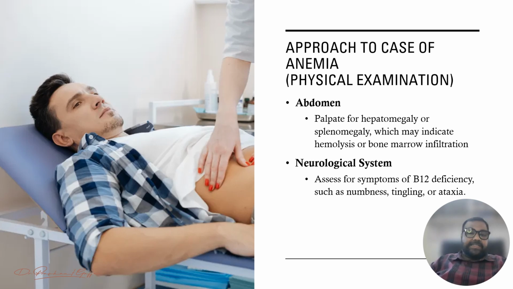And the neurological system, to assess for symptoms of B12 deficiency, such as numbness, tingling, or ataxia. Right. So these are the physical examinations for anemia. Right. Now let's see what investigations are useful to diagnose anemia.